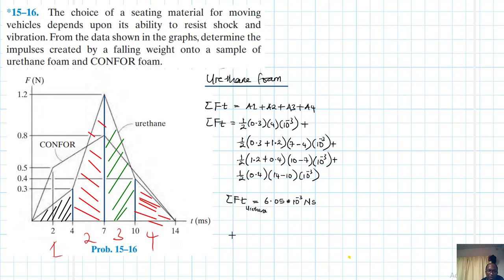Okay, let me check it again. 0.5 by 0.3 by 4 plus 0.5 by 1.5 by 3 plus 0.5 by 1.6 by 3 plus 0.5 by 0.4 by 4.